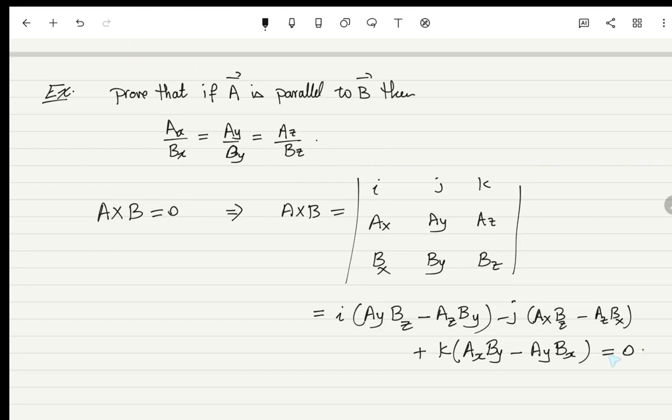Since it's all equal 0, it means that each component equals 0.